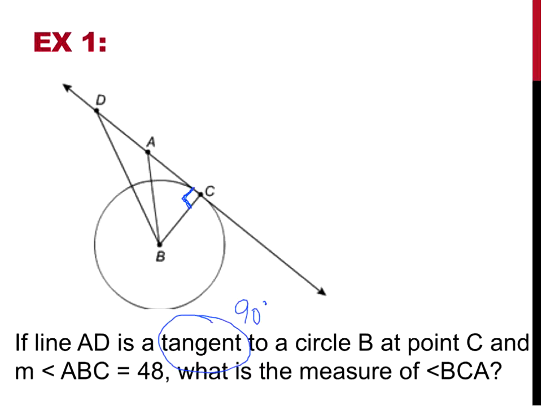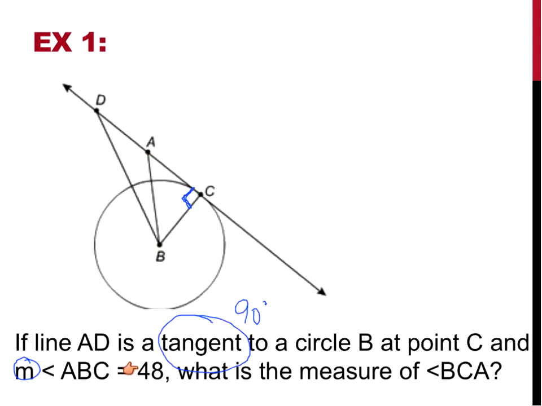Now it says m angle ABC. What do you guys think it means when it says m? Perfect, it means measure. So the measure of angle ABC. Where are they talking about? A, B, C. A, B, C is 48.